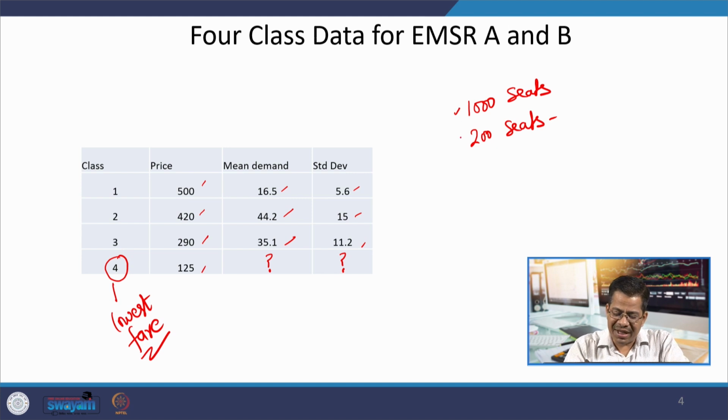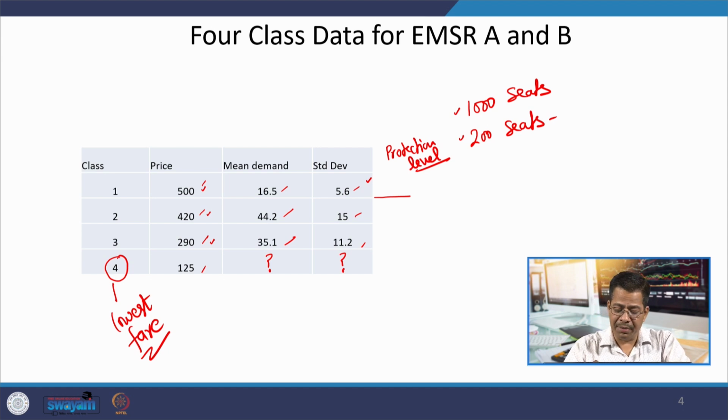The maximum revenue will come from class 1 because the price is highest here, second highest is 420, third highest is 290. So, we are more interested in the protection level, and therefore in all our previous sessions, rather than saying what is the booking limit for class 1, 2, 3, 4, we talk in terms of the protection level for a particular class.